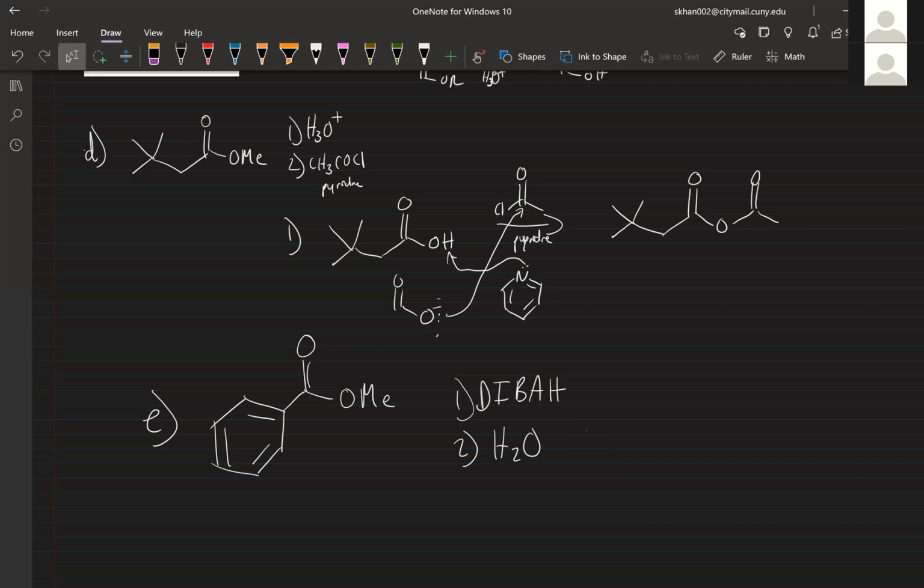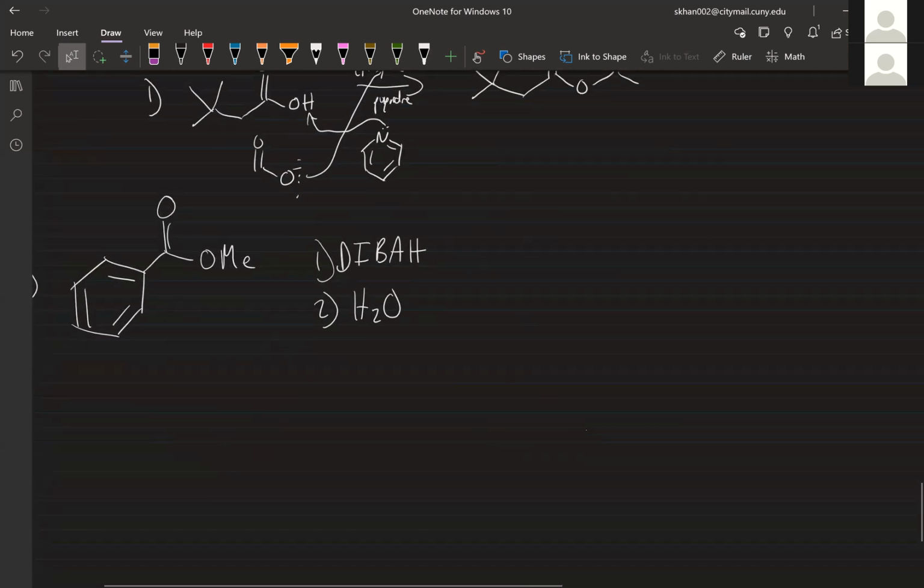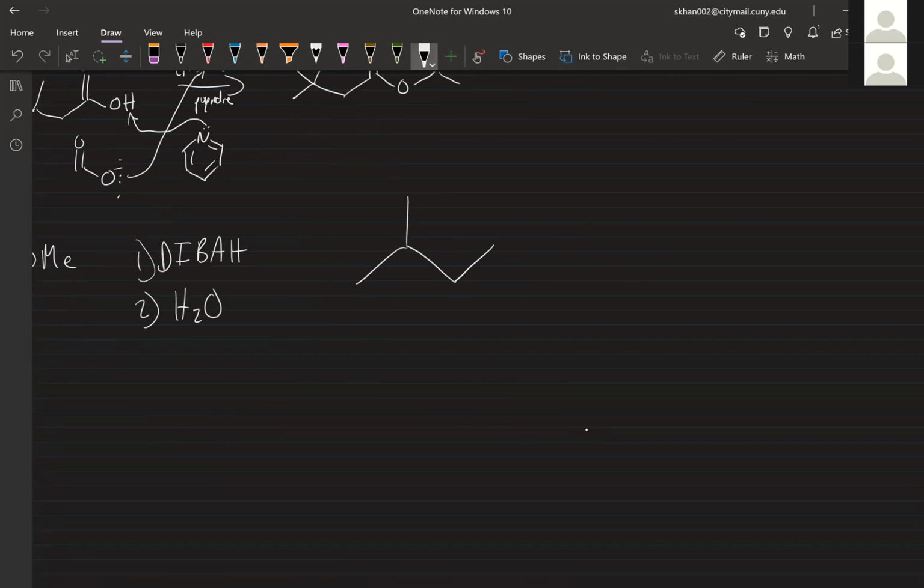The structure for DIBAL is diisobutyl aluminum hydride. So isobutyl is this, two of them, so the Al should be in the middle, and this is H. The main thing is this is super sterically hindered.